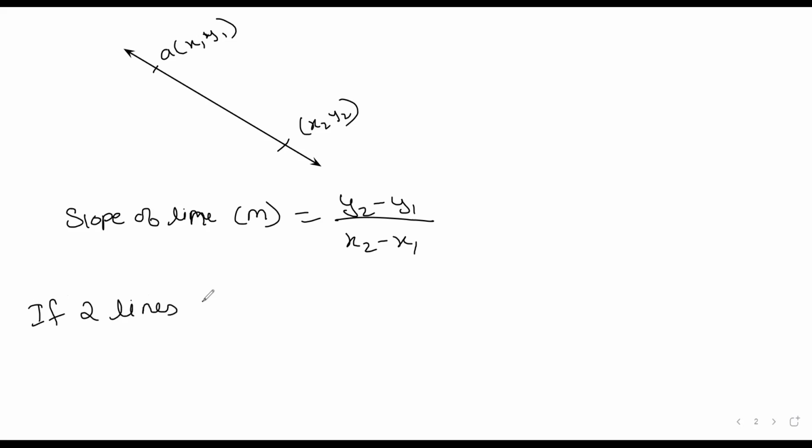If two lines have same slope, then they are parallel.